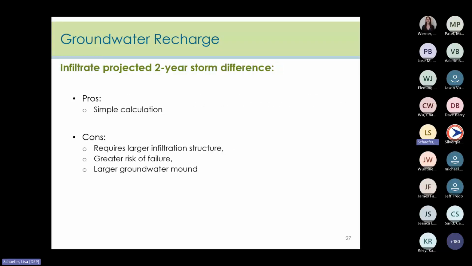If the option to infiltrate the difference is selected, it's a relatively simple calculation, but it means a larger infiltration structure is needed, and that could mean a greater risk of failure, as well as a larger groundwater mound in the hydraulic impact analysis that is required.